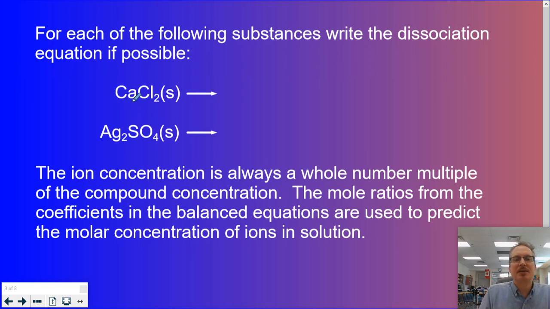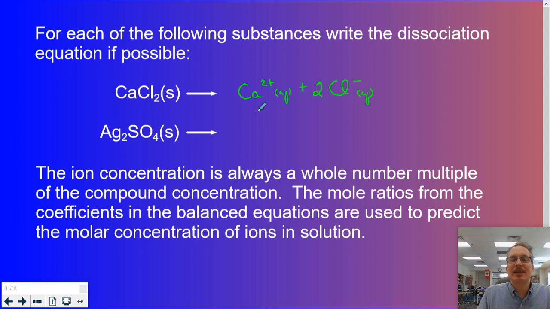So I look up calcium chloride. Calcium chloride is highly soluble. Therefore, it's going to dissociate into Ca2 positive ions and chlorine ions. So we have one Ca, two Cls. I'm going to need two Cls. 2 minus plus 2 positive, no charge on the right, no charge on the left.